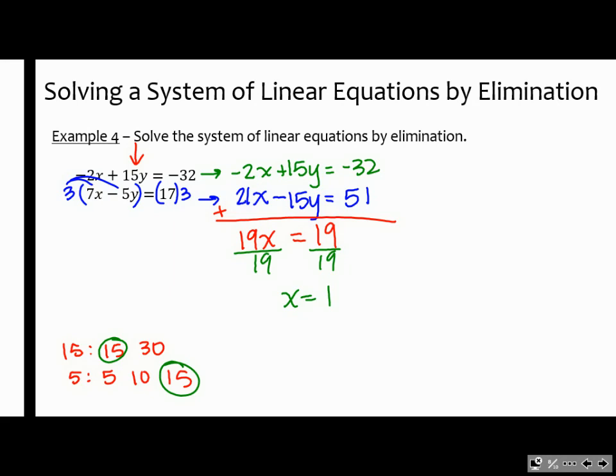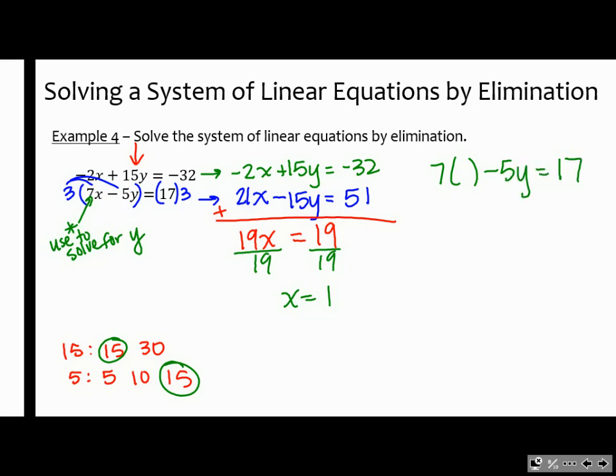Now that I've solved for x, I get to solve for y. And I think I actually prefer, let's see, I'm going to use the second equation. Just telling you what I'm doing here. Use 7 times x, which will be replaced, minus 5 times y equals 17.